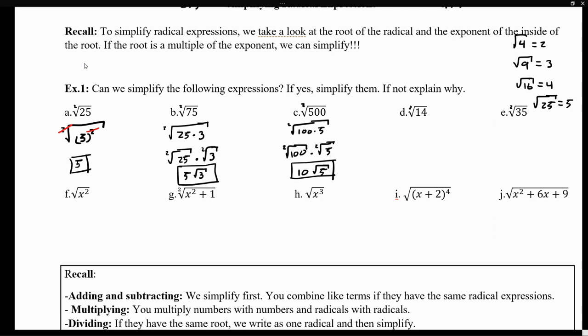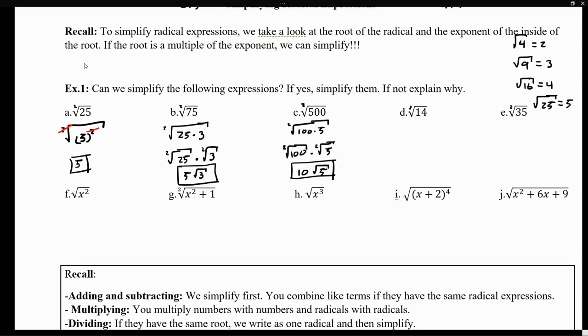We want to write down 14 as a multiple of numbers that I do know the square root of. We cannot write it down as 4 times something, because we just want to use whole numbers, and we cannot find a multiple of 4 that is equivalent to 14.